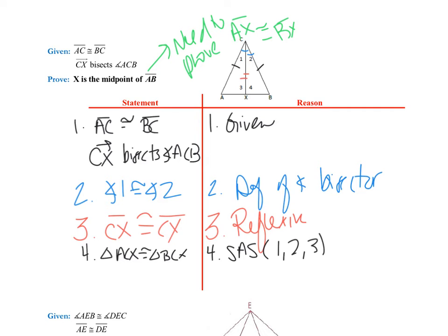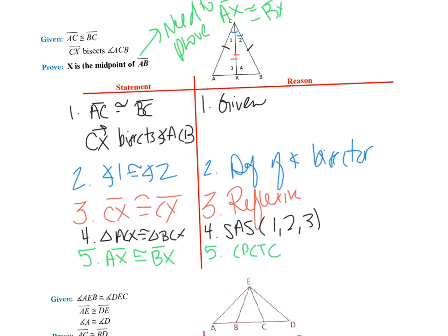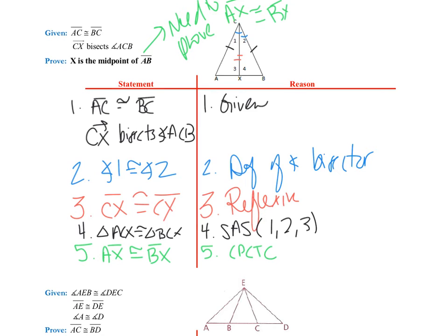Then I can say that AX is congruent to BX because of CPCTC. Now that I proved those segments are congruent, I can say that x is the midpoint of AB, and the reason being is just basically the definition of a midpoint.